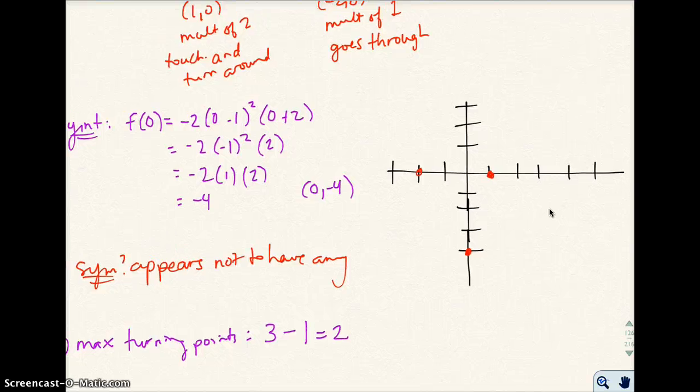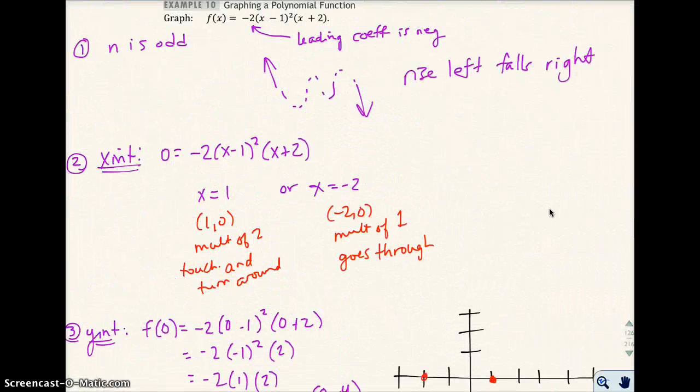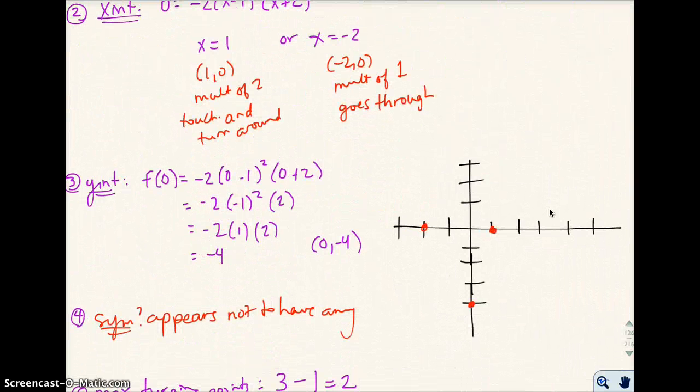So we know that it rises left and falls right. So it should do something like this. Now we know we have max 2 turning points. It looks like it's going to have to go here and something and then turn back up. We don't know where. So this is where we look at and go, I have no idea what's going on in the middle here. I don't know if it comes here and connects into that. I don't think it does.